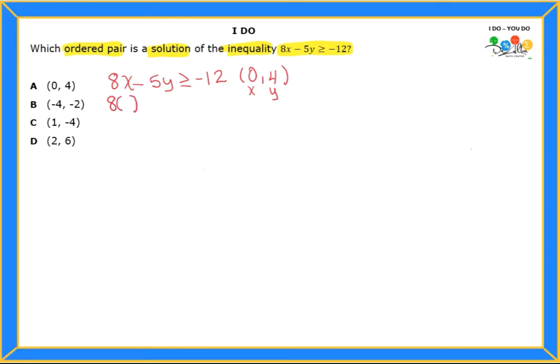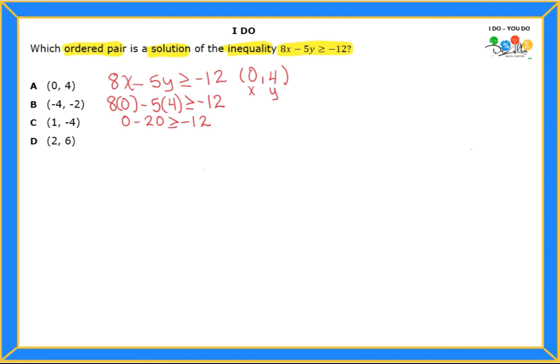So x is 0, y is 4, and everything else stays the same. We're going to perform the operations just the way they are. 8 times 0 is 0. 5 times 4 is 20, but I have a negative in the front, so that will be minus 20, greater than or equal to negative 12.